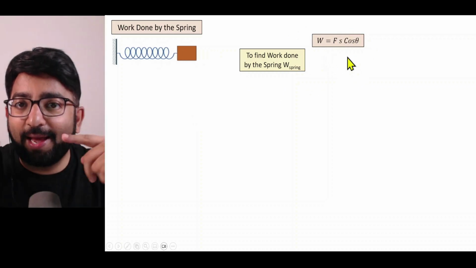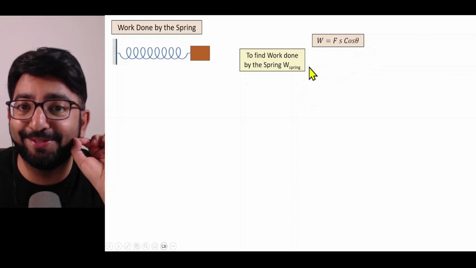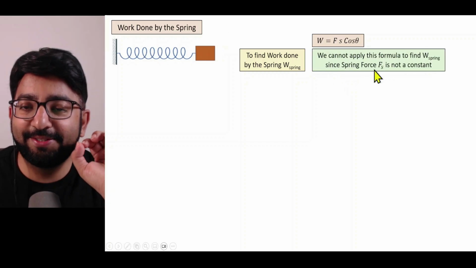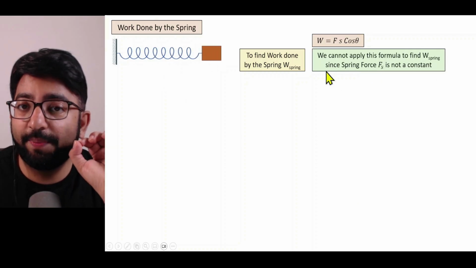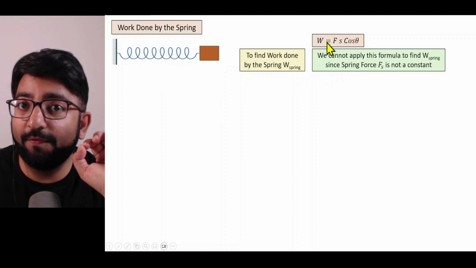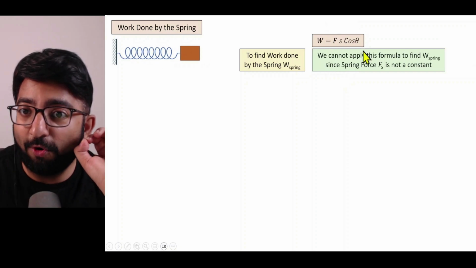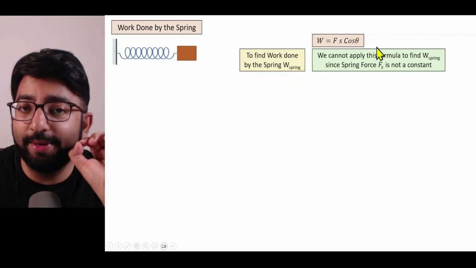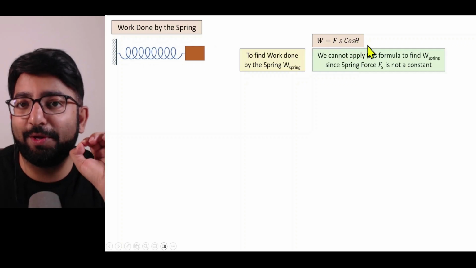Now try to think, can we even apply this formula to find the work done? The answer is no. And why is that? Let's read. We cannot apply this formula to find the work done by the spring since the value of F is not a constant. Let us try to recall. This formula of Fs cos theta is only applicable if all the parameters involved, like force, displacement, theta, are constant.